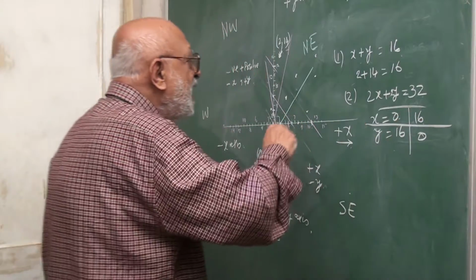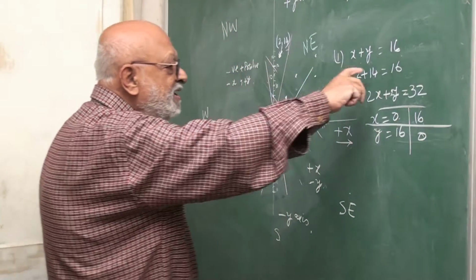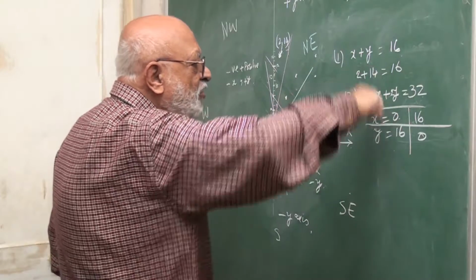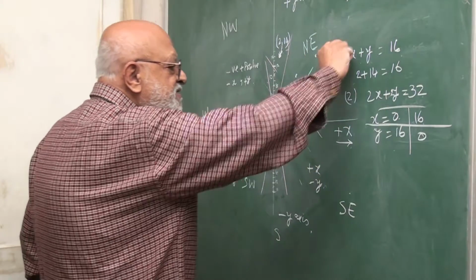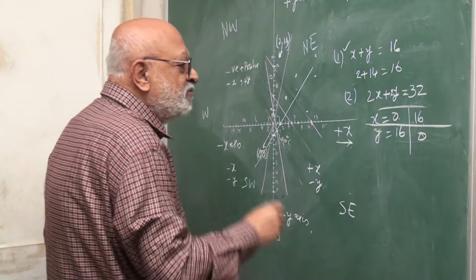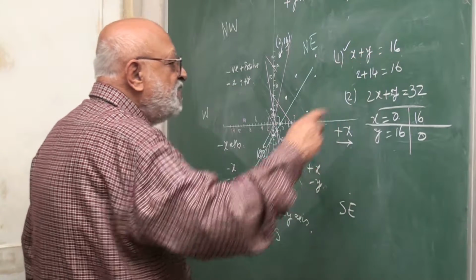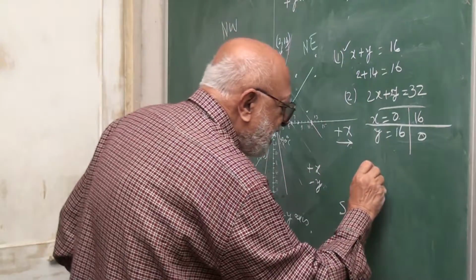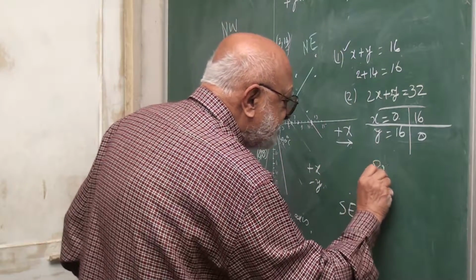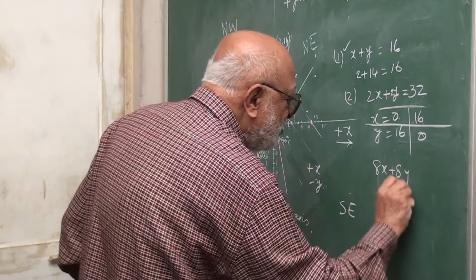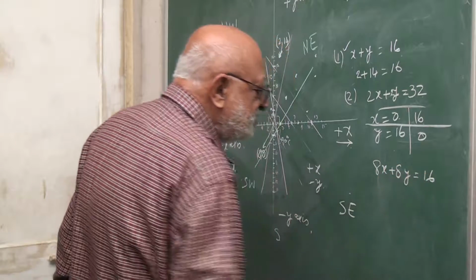So you can have any number of equations in this way at your choice. You can make them any way you like as long as it becomes 14. You can have 8x plus 8y also equal to 16.